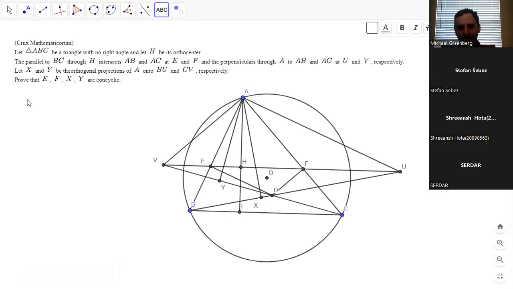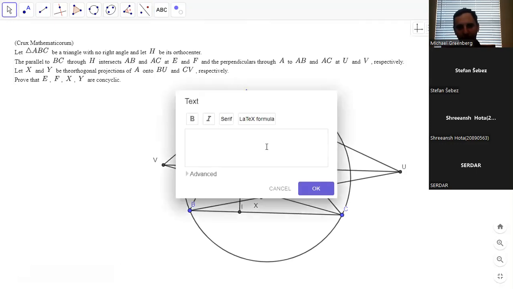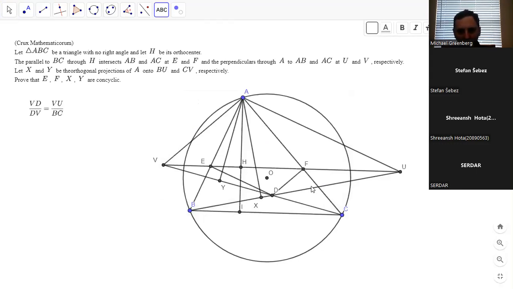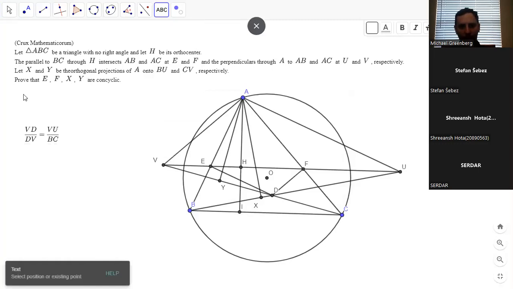So VD over DC is equal to VU over BC. And triangle BHC is similar to AVU because both are parallel. So BH is parallel to AV and CH is parallel to AU.